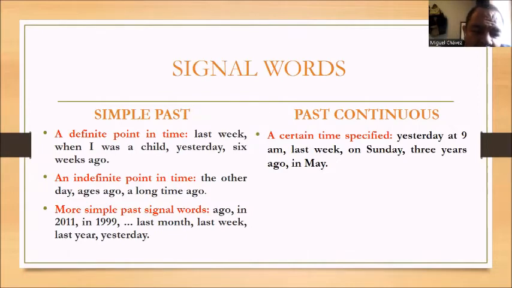And we have more simple past signal words as ago, in 2011, in 1999, last month, last week, last year, yesterday. And in the past continuous, the signal words that we can find are yesterday at 9 a.m., last week on Sunday, 3 years ago in May. Check that they are similar, because they refer to the past.